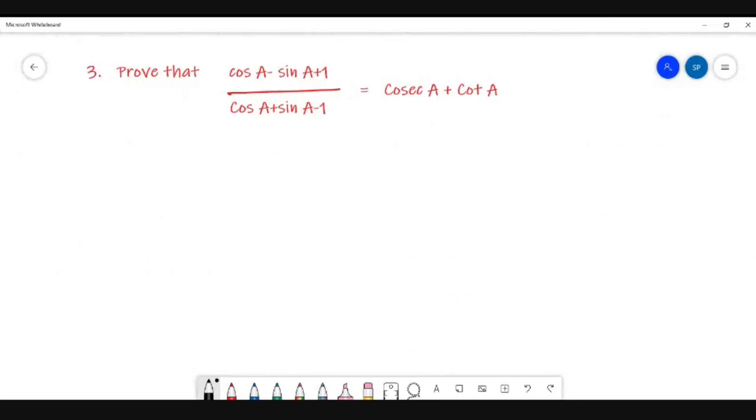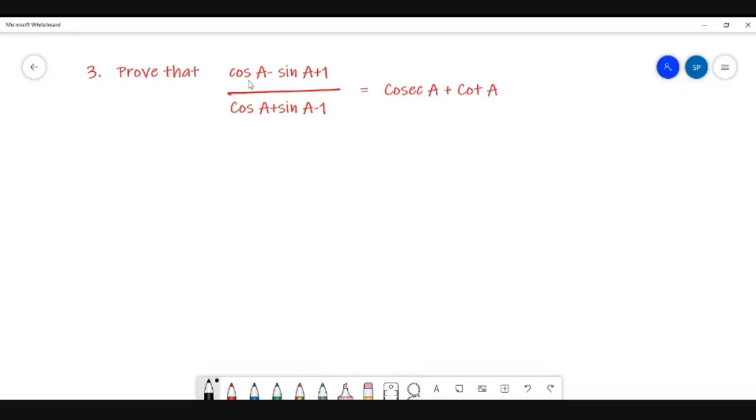Now let us solve the third question. Prove that (cos a minus sin a plus 1) divided by (cos a plus sin a minus 1) equals cosec a plus cot a. Here, on the right hand side we have cosec and cot. So how do we get cosec and cot from this cos and sin?